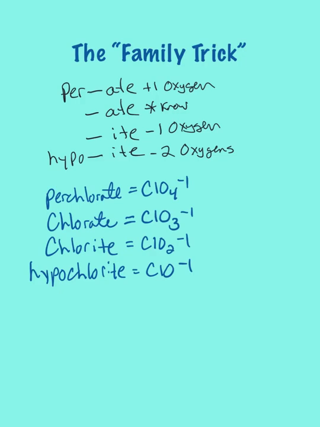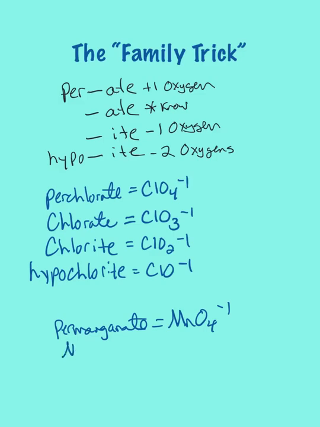Now, there may be a couple of cases, I can think of one in particular, where the -ate isn't the one you know. For example, permanganate was one of the ones that you memorized, and that was MnO4 minus 1.